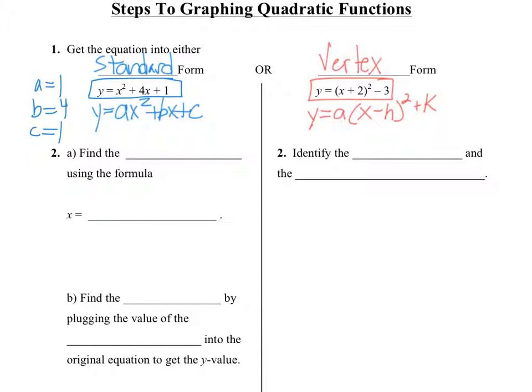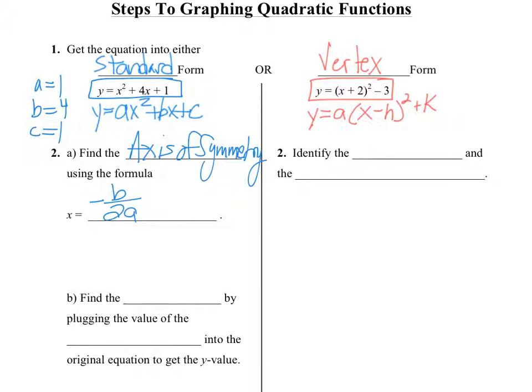And so in standard form, the second step, once you've recognized that it's in standard form, is to find what's called the axis of symmetry. That axis of symmetry is going to be that middle line to the graph, and it has a formula: x equals the opposite of b divided by 2a, and that's where identifying your coefficients comes in handy.